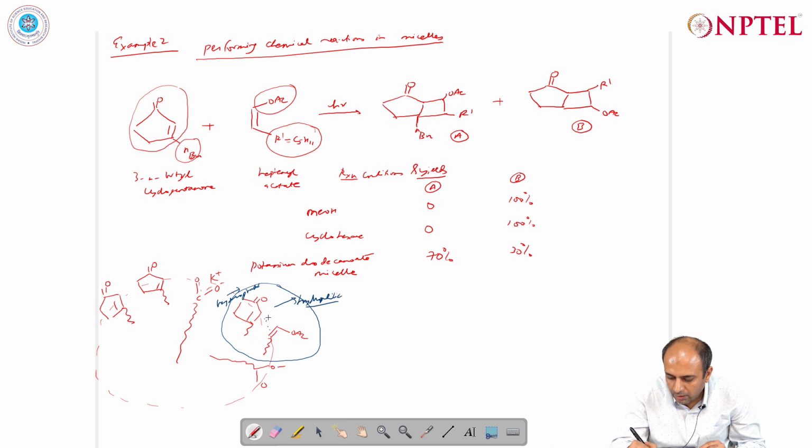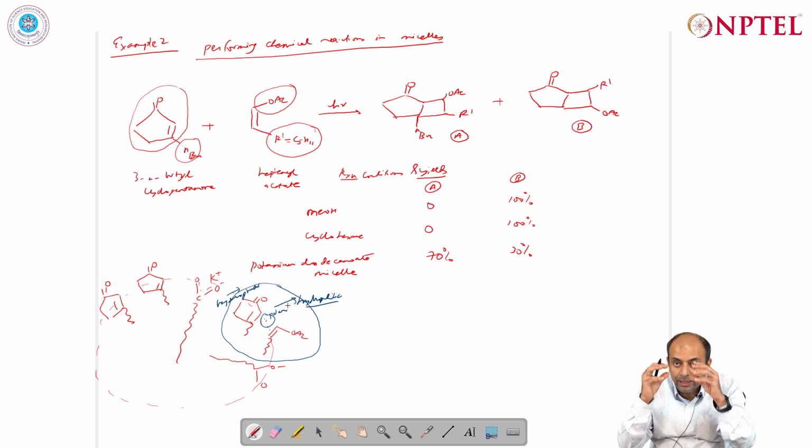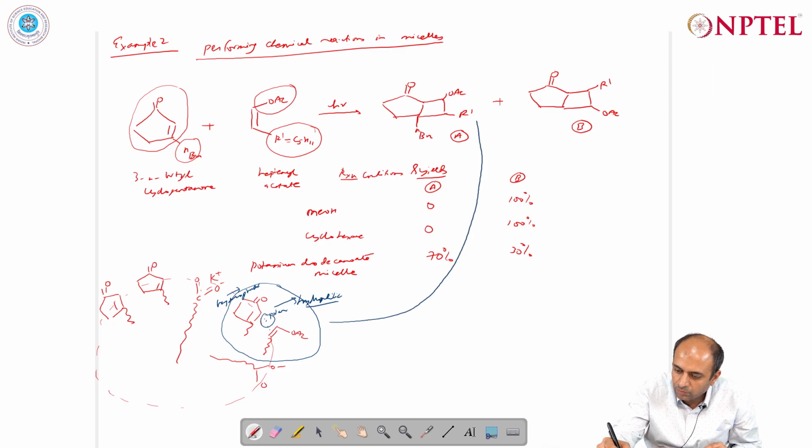So this is the water molecule, the polar parts which are actually solvated in a polar solvent, as we know. So the micelle which is present, the potassium dodecanoate micelle, now at the hydrophobic hydrophilic boundary, these reactant molecules will react with each other to give you this particular product.